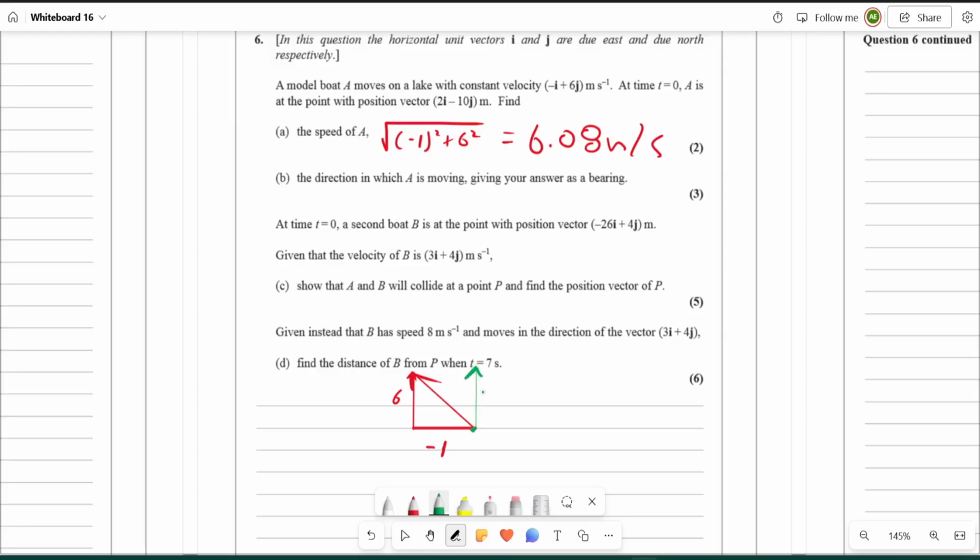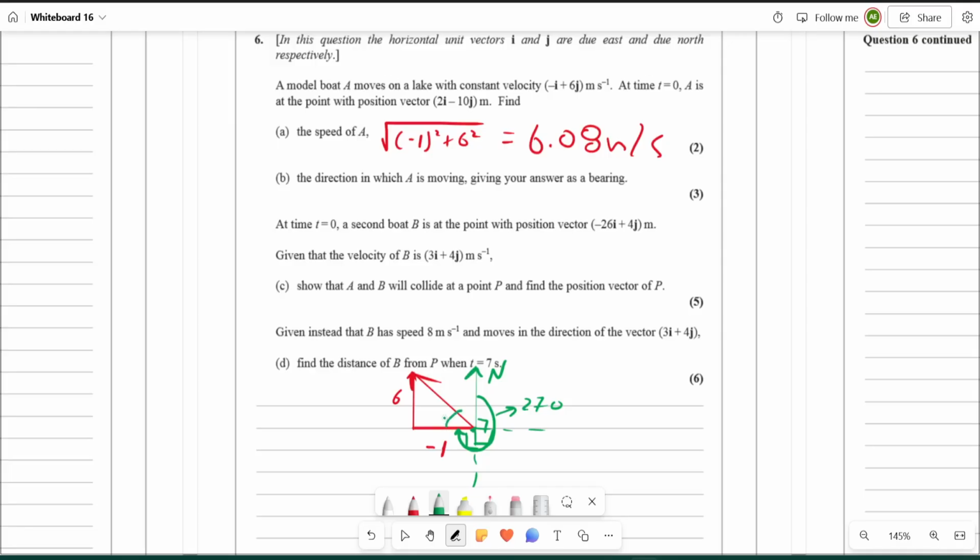So a line that goes to the north direction, and then to get the bearing you need to move clockwise until you hit your vector, and this whole angle is going to be my bearing. So this angle I can split into 2 halves. This half is basically 90 plus 90 plus 90. So this whole angle is 270.